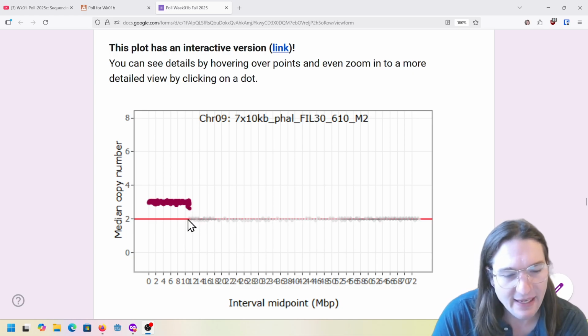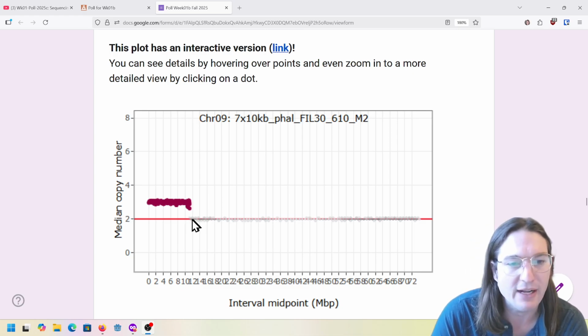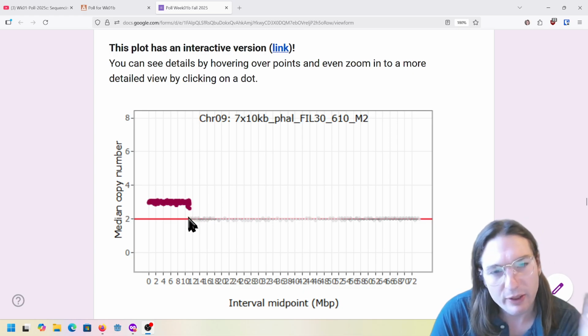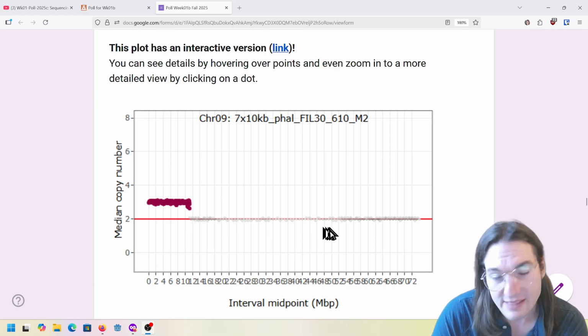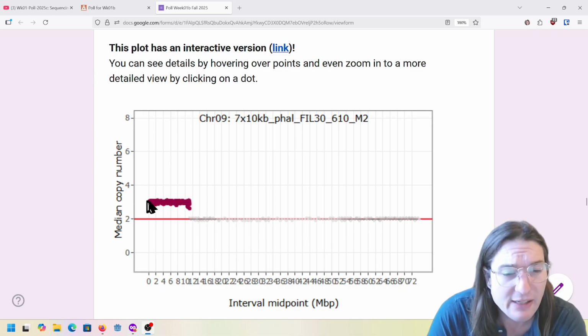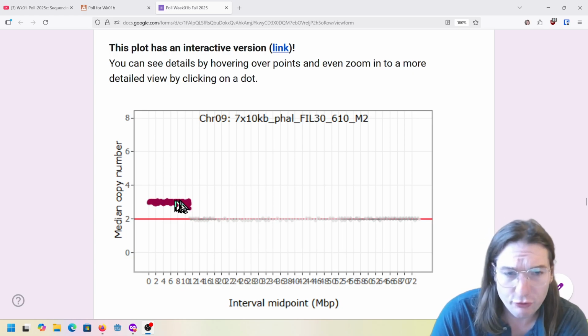As soon as we get to the other side of this mutation event and we get away from it far enough that that 10,000 base pair window is no longer estimating it, we're straight into diploid, which is what we expect for this species. And so what we're seeing here is a triploidy event. It's not a full triploidy, not a full trisomy, but it is a partial trisomy for this arm of the chromosome.